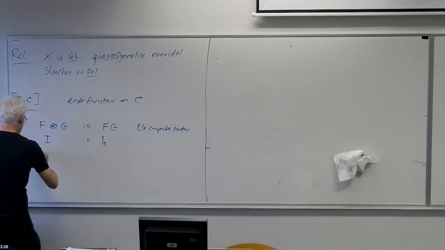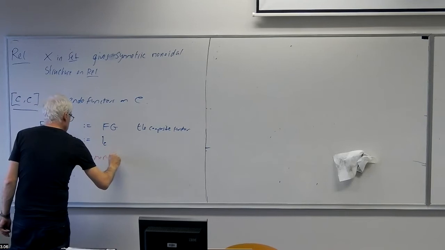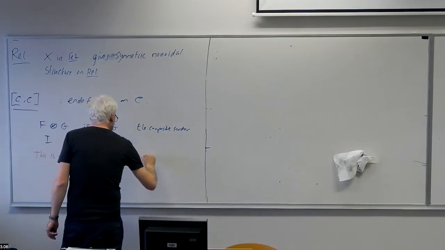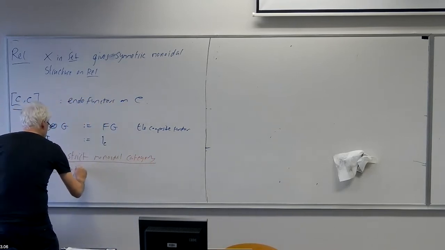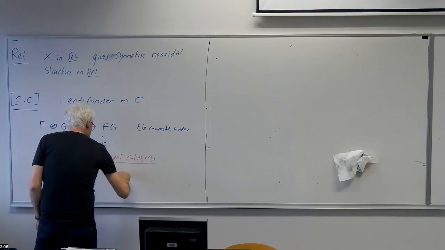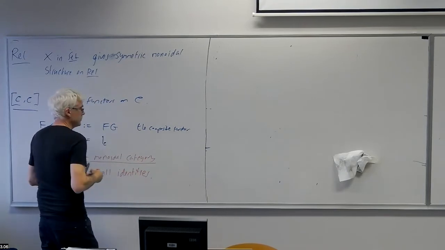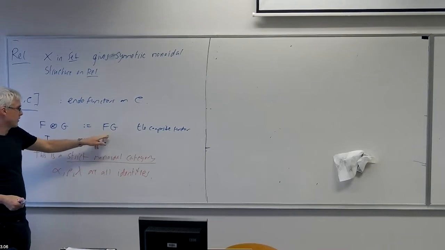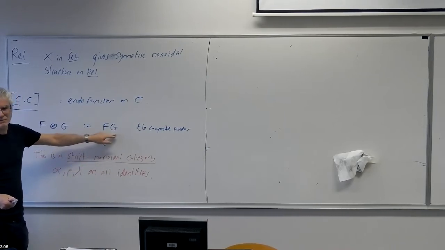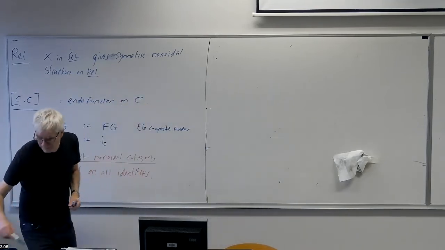It's the first example we've seen of a strict monoidal category. But it's not symmetric. The composite FG is very different from the composite GF in general. So it's very non-symmetric.